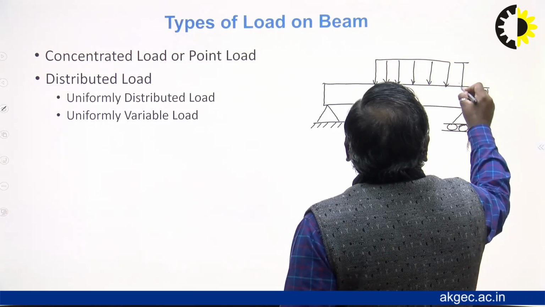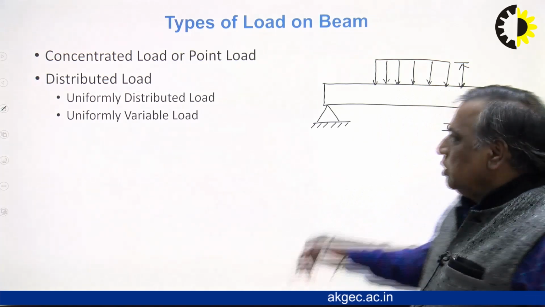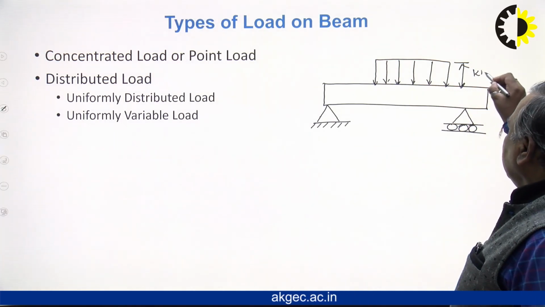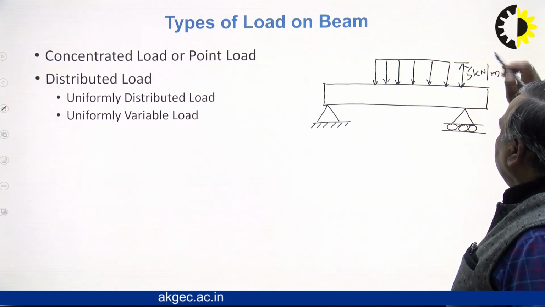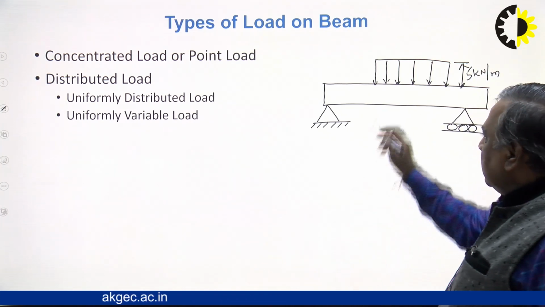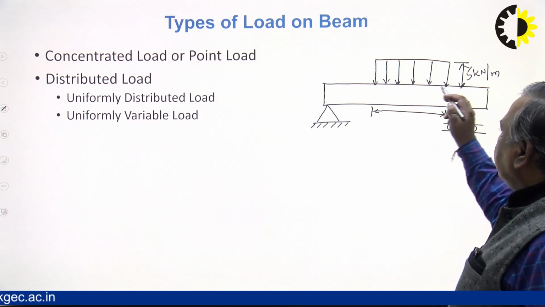This height indicates the intensity of load. Unit is kilonewton per meter. So let it be 5 kilonewton per meter. And span length is this, over which it is applied.